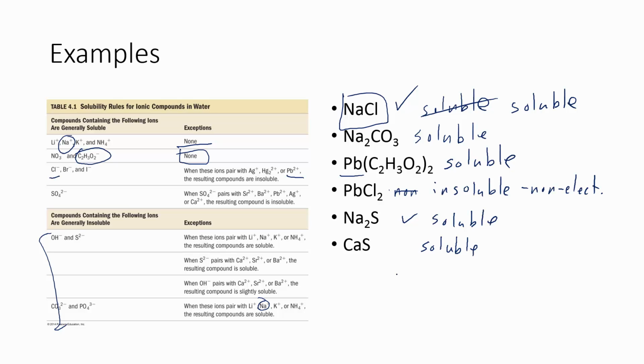Oh, beautiful. How about one more? How about magnesium sulfide? Okay, so sulfides are insoluble, except with calcium, strontium. Magnesium's not on the exception list, so insoluble. Excellent. So those are the rules. That's how we figure it out. Voila.